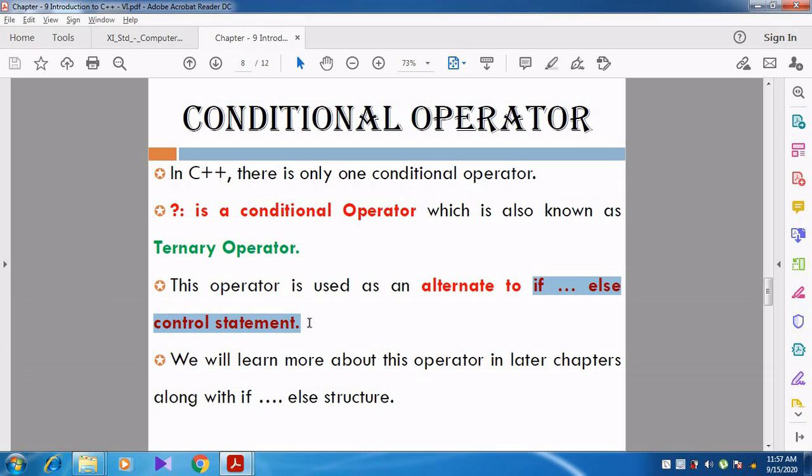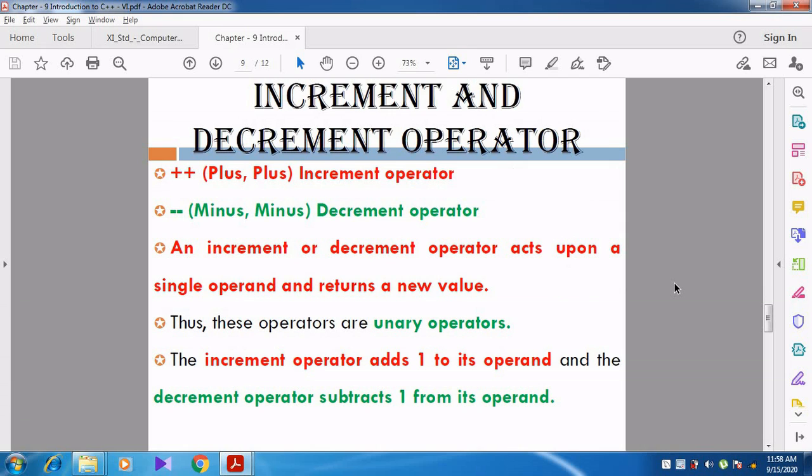This operator is used as an alternate to the if-else control statement. When we discuss the if-else control statement, at that time we can discuss this operator. Can you understand, students? We are going to learn it in the next chapter, that's all.